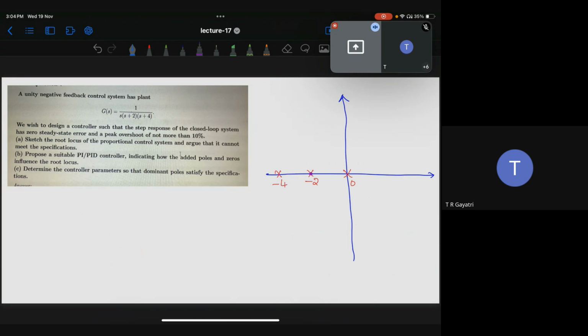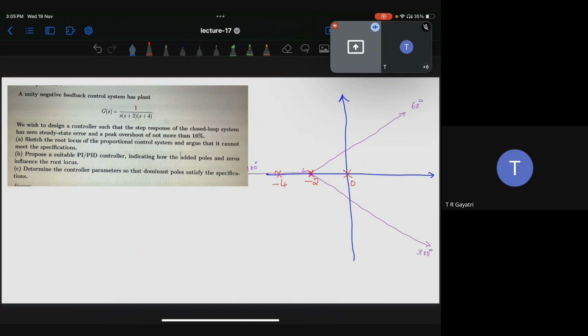The angles are 60 for this one, 180 for this one, and 300 for this one. These are the three angles. Clear? Any queries here?